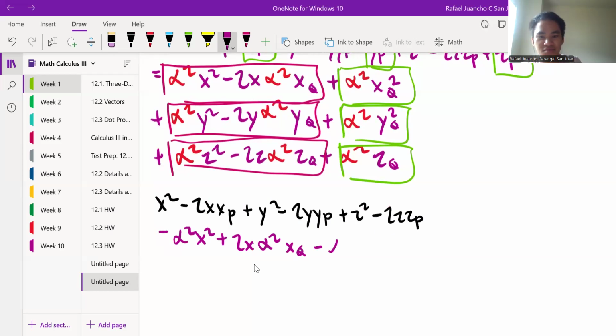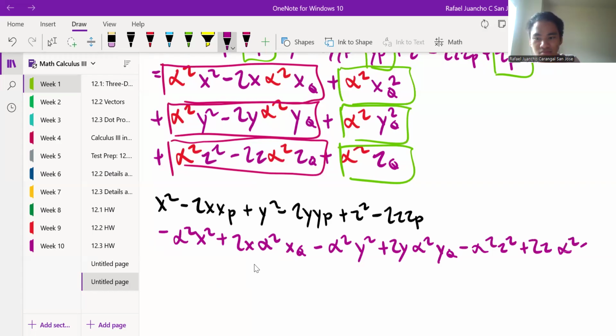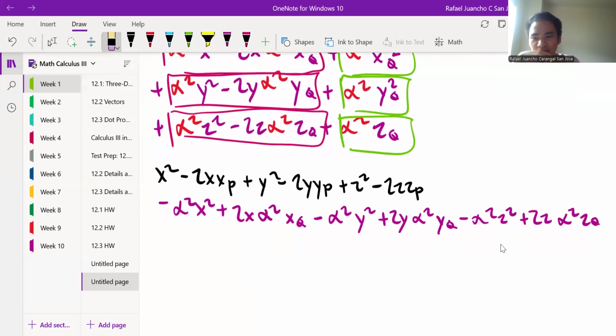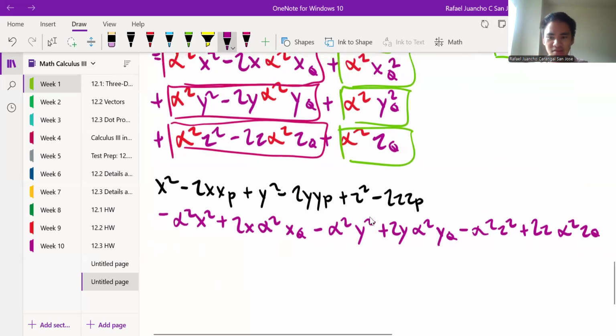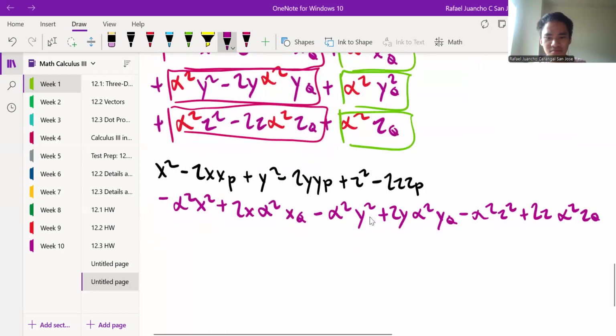Then we also subtract the y, that was our z, and the z. This is a 2, by the way. So confusing. So that's 2. Okay, so we have that.